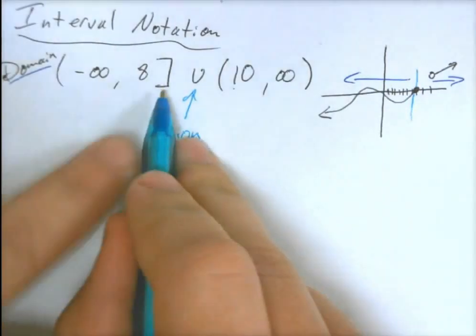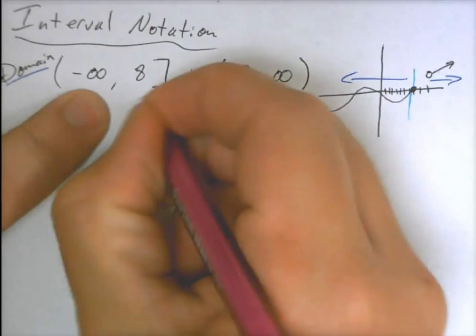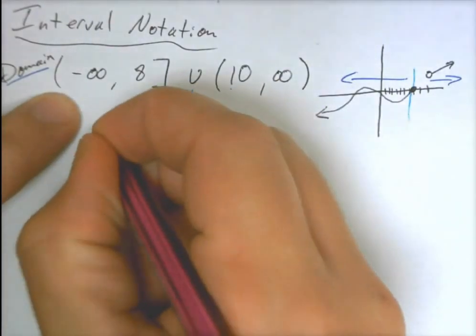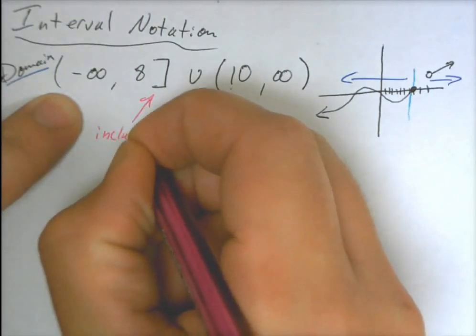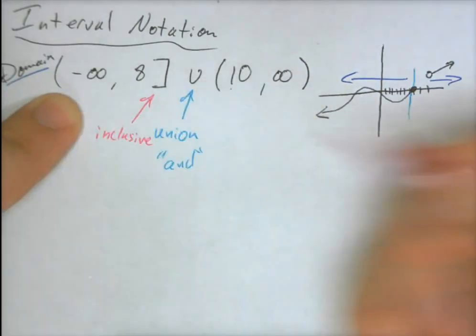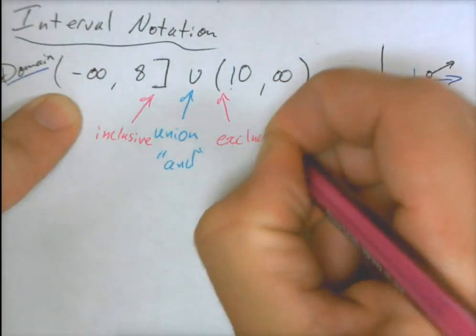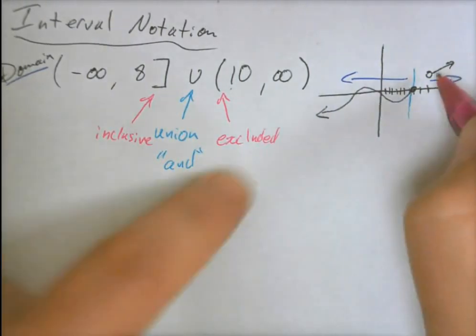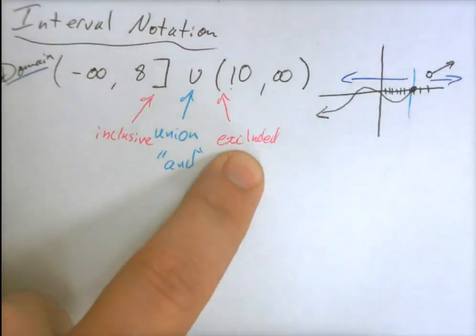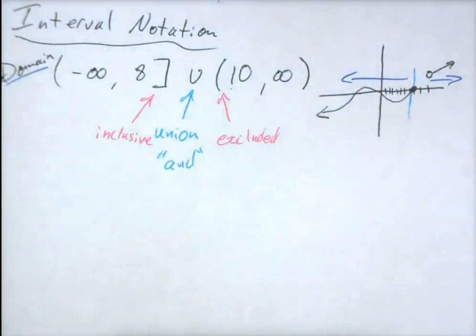Now notice, there's a bracket on the 8, so maybe you figured it out already. The bracket means this is inclusive, I-N-C-L-U-S-I-V-E, and the parentheses means excluded. So notice, with the inclusive one, we have a closed circle. With the excluded one, we have an open circle because we are not actually at that point. It is just up to that point and infinitely close to it.